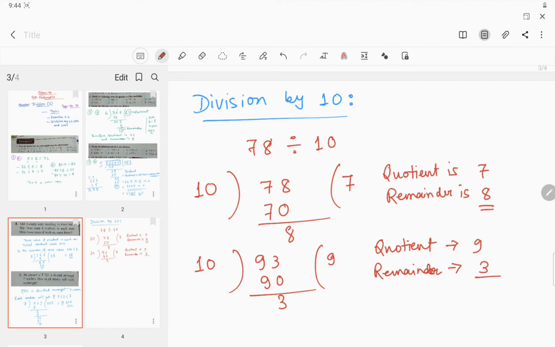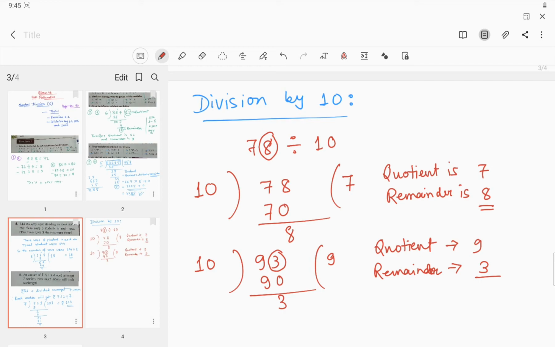So in both cases, when you divide by 10, the digit in the ones place forms the remainder, and the remaining digits form the quotient.